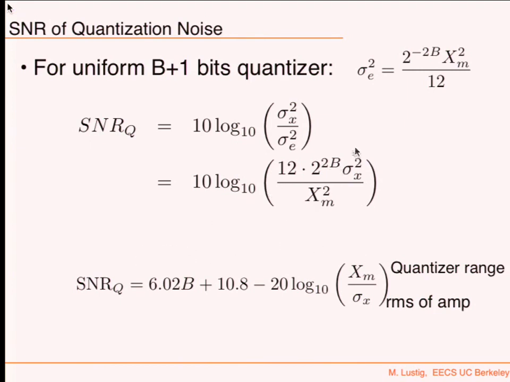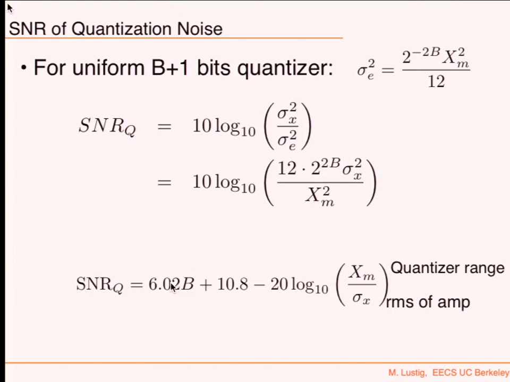So what you get, basically, is an improvement of 6 dB in the signal to quantization noise ratio per bit. Every bit that you give me, you get an improvement of 6 dB, a factor of 4.